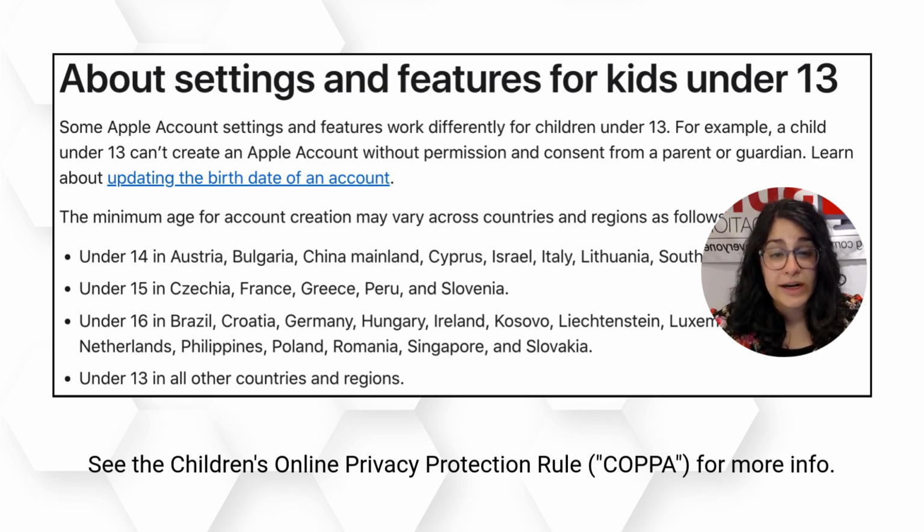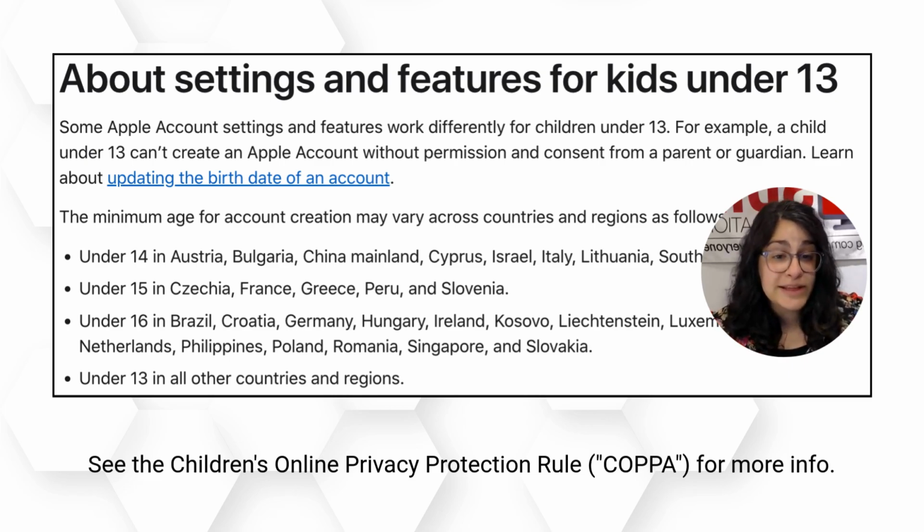But we're going to go over some of the updates that Apple has made recently to distinguishing a child account that is from 13 to 17, which is a pretty good step. And also other ways to lock down phones and devices after 13.